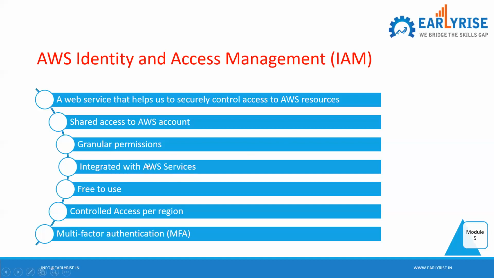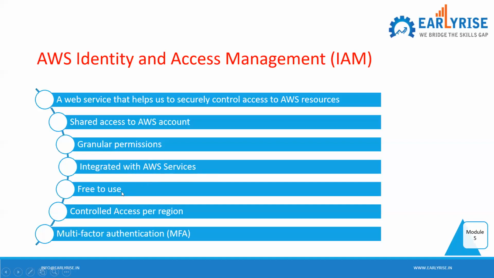Almost all of the services, you can say, to some extent. For some services to a larger extent, for some to a lesser extent, but everywhere some option should be there to deal with security using the IAM service.